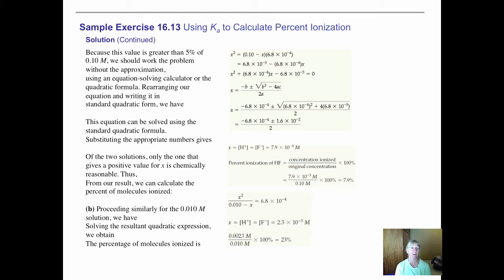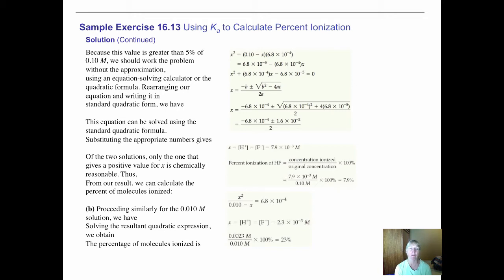Now notice what happens if you do the same thing with a 0.01 molar solution as in part B. Again, you're not allowed to ignore the X, so the person substitutes in the Ka, 6.8 times 10 to the minus 4. We have an X squared representing the hydrogen times fluoride ion concentration, and then the original concentration is 0.01 minus X. You would, not shown here, have it eventually come out in the form of a quadratic equation.